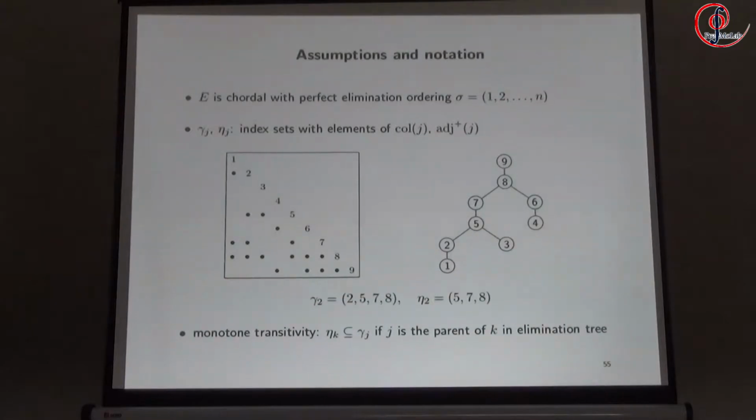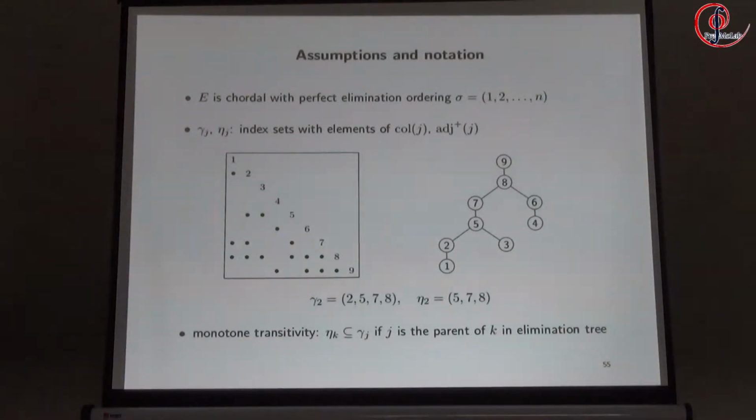So just to remind you of some of the notations and definitions from yesterday. From now on, I'll assume that E, the sparsity pattern, is Chordal, and for simplicity, assume the ordering we use is just a natural ordering. So for this natural ordering, that's a perfect elimination ordering.